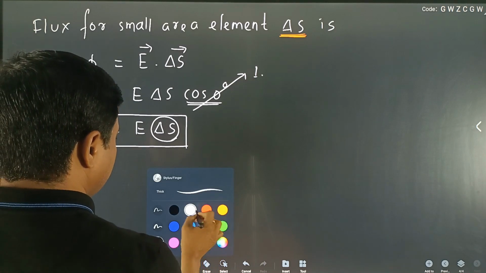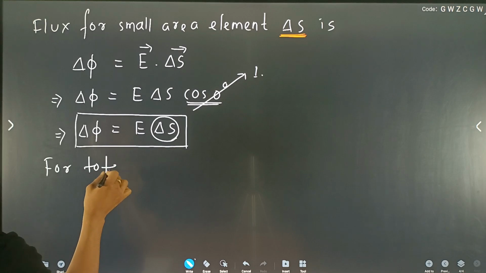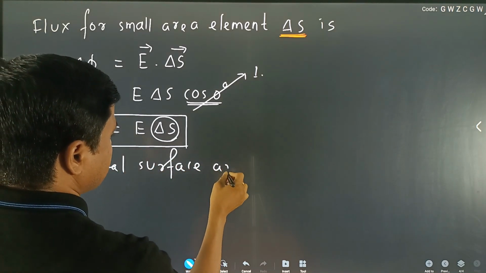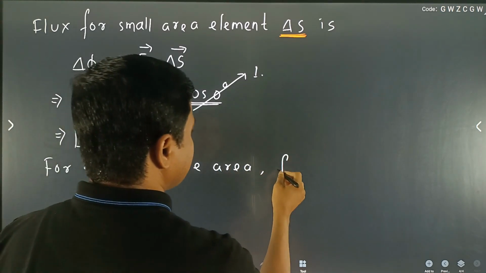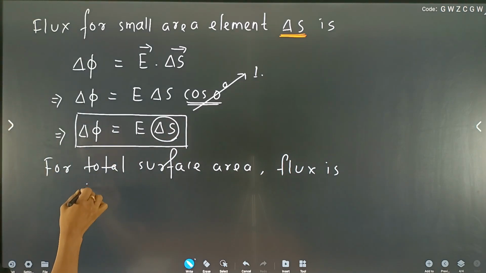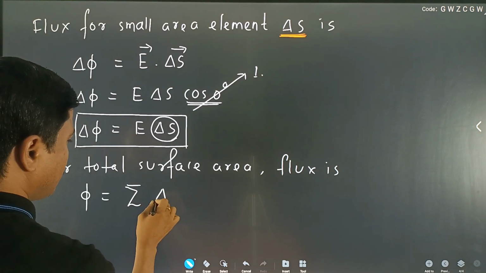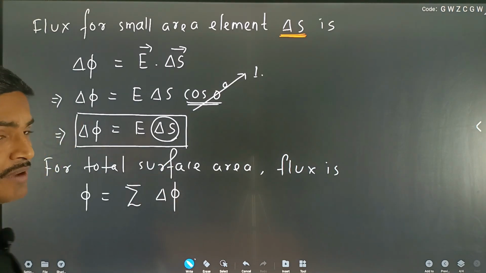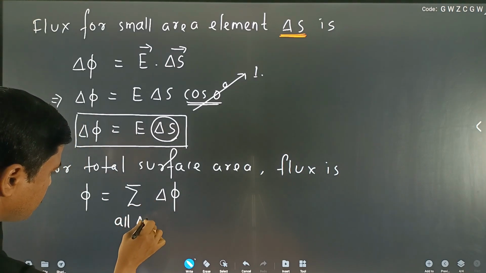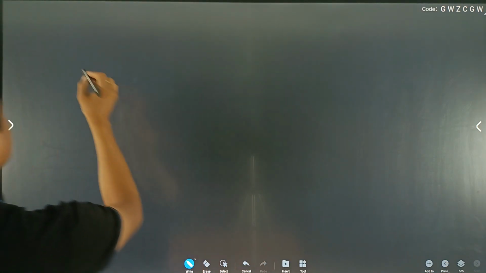We write, for the total surface area, flux means the electric flux. Flux, that is phi, is equal to the sum of all the small fluxes, that is del phi, for all del S. Clear?